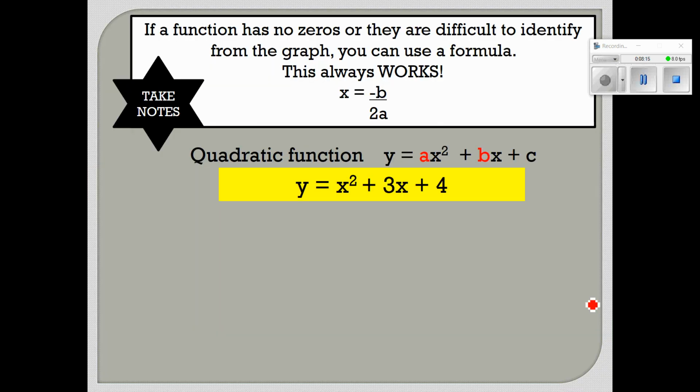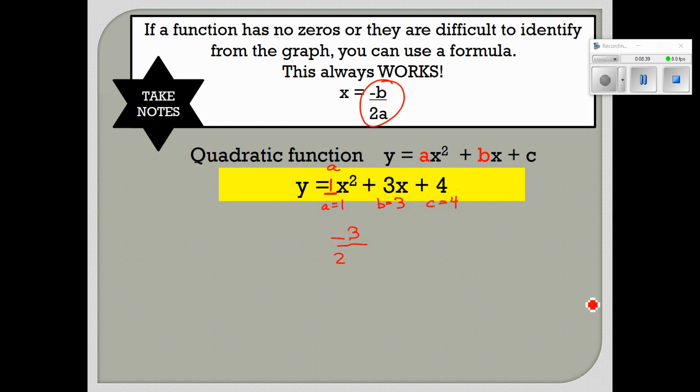Okay, you can always use this equation. So this is just more practice. First, you need to identify what the a term would be, the b, and the c. Here's our a term. It's invisible in front, so it's a 1. So a equals 1. In this equation, b equals 3 and c equals 4. But all we need to know is the b and the a. So if we take the opposite of the b, that would be -3.